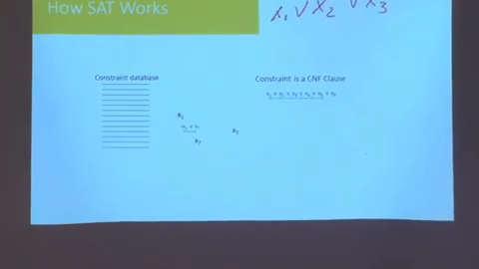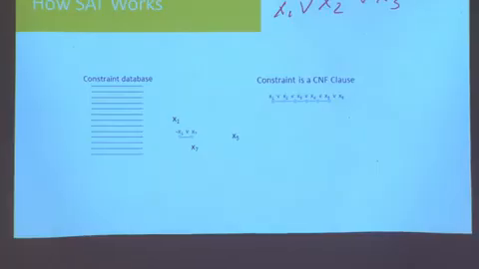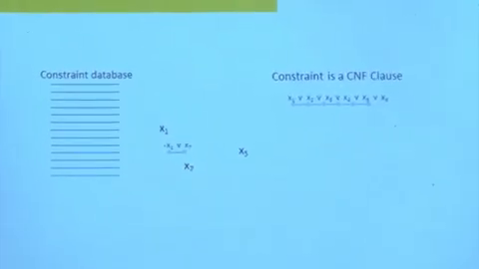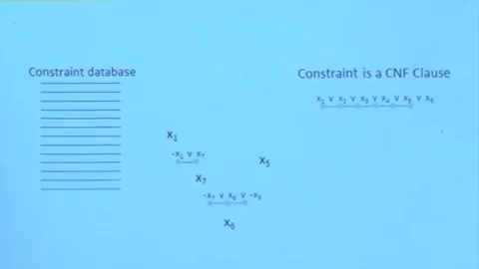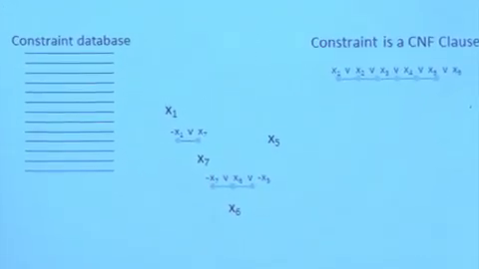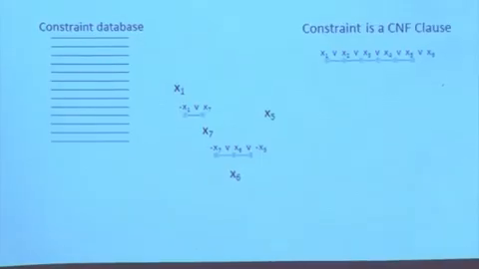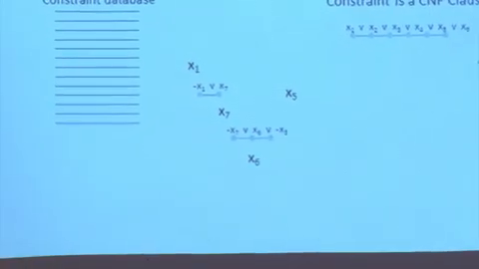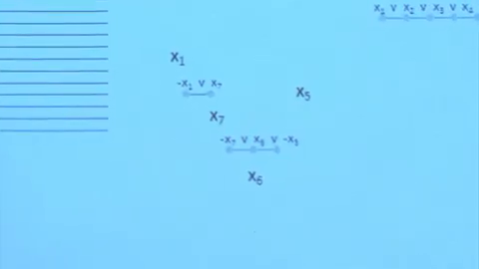And let's say now you pick some other random variable. You say, well, what about x5? Why don't we try x5 being true? Right? And now let's say that you have a constraint that says, either x7 is false, or x6 is true, or x5 is false.